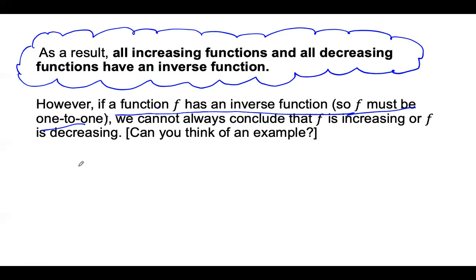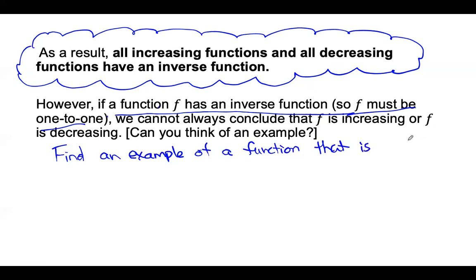Let's just draw a little sketch. So let me write this out a little bit more clearly. Find an example of a function that is basically 1 to 1 we're looking for.